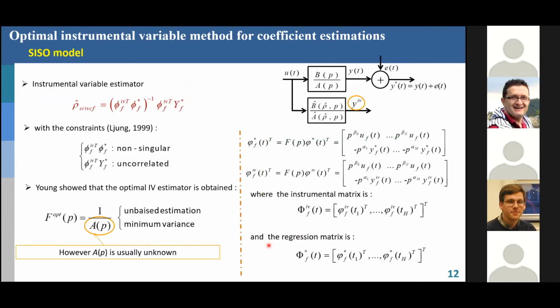So Young has implemented an instrumental variable estimator that takes this form, which respects the constraint we can see here. Young also showed that the optimal IV estimator is obtained for this form of filter, which gives unbiased estimation and minimum variance. However, the denominator is usually unknown, so we have implemented an iterative algorithm to estimate it at each step, and we estimate the instrumental variable here.